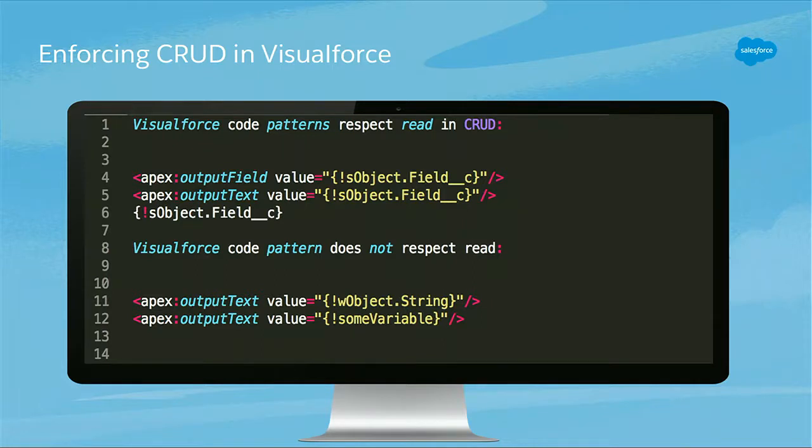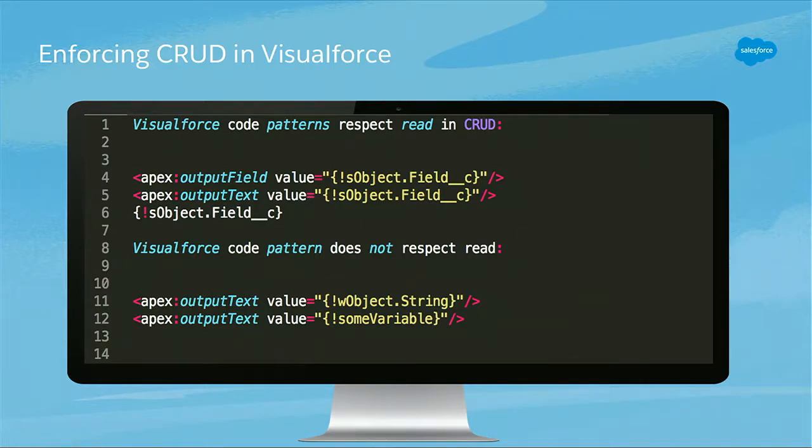In Visualforce, it's a little easier if you keep it inside the sObject notation. In the top half, you can see that I'm directly referencing the object itself and directly referencing the field. You see __c, I'm referencing the API name. So the system is going to see this and know what object this is, and know how to enforce permissions for this particular user.